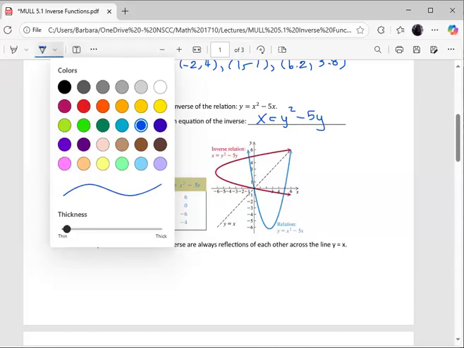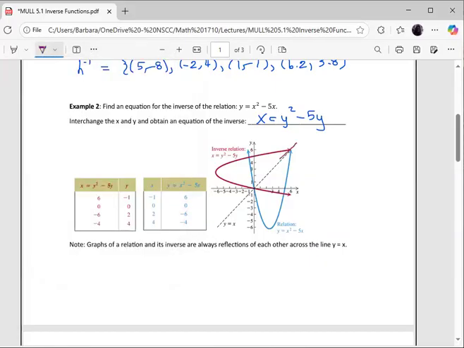Notice that we have reflection across the line y equals x. And so for any point that is on the original equation, we can flip those ordered pairs and we will find it on the inverse.